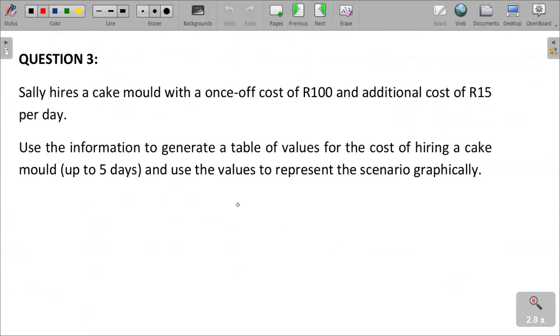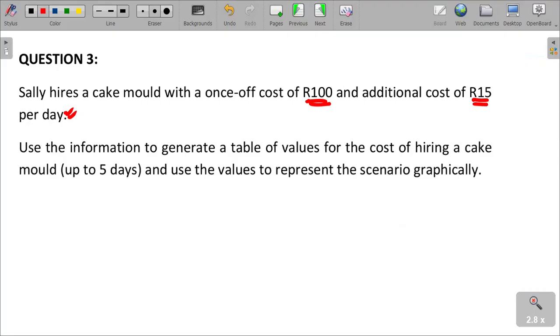Question 3 says, Sally hires a cake mod with a once-off cost of 100 rand and an additional cost of 15 rand per day.